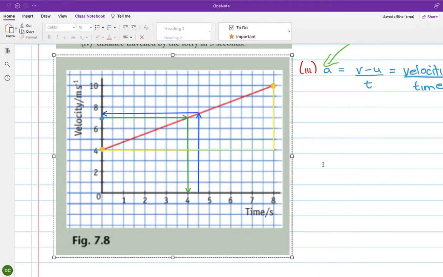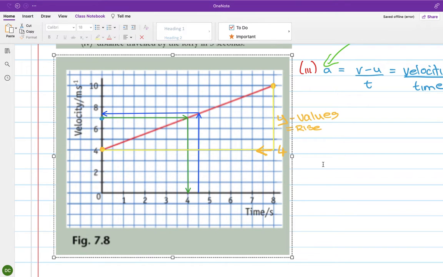Okay. So this one up here is my y values, which is my rise. And it starts at 4. To get that 4, I'm looking across this way.